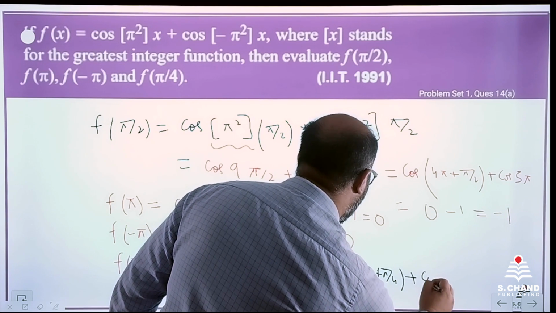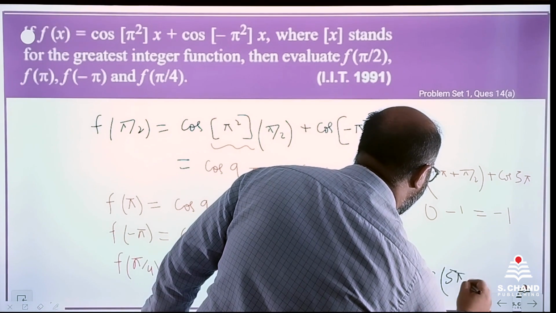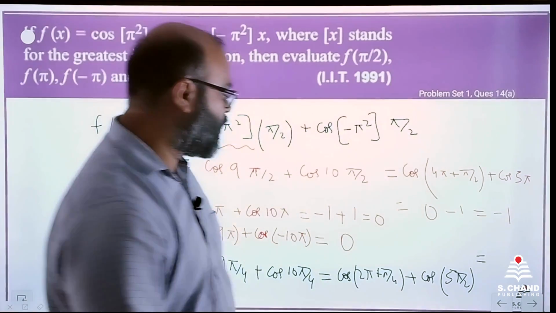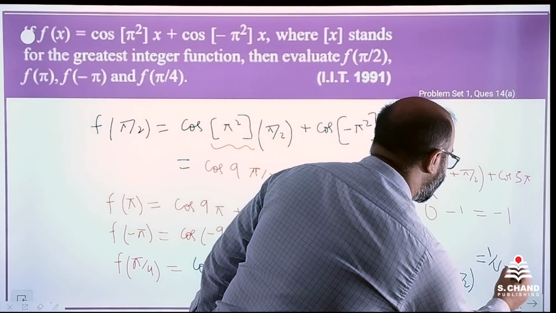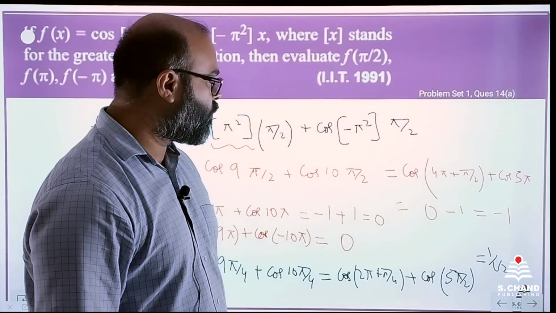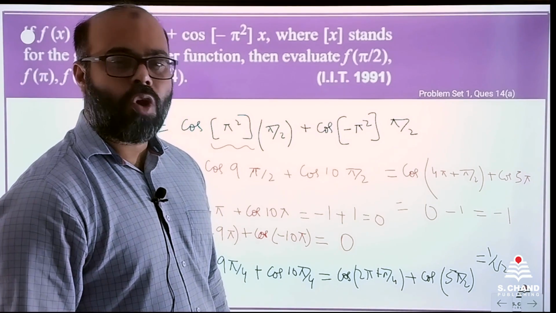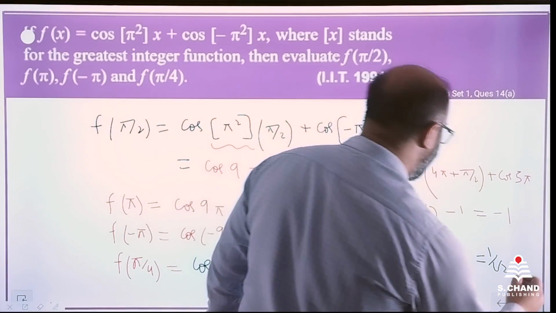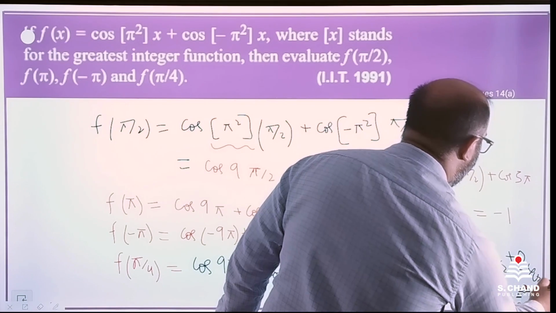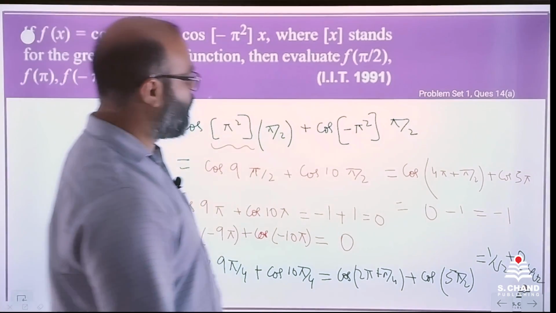And this is actually cos of 5 pi by 2. Now cos of 2 pi plus pi by 4 is cos of pi by 4, which is 1 by root 2, and cos of 5 pi by 2 is cos of 2 pi plus pi by 2, which is cos pi by 2 again. So that will become 0. So this will be 1 by root 2. So this is the value which we are getting here of these functions.